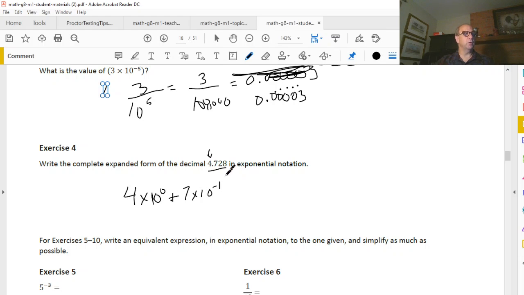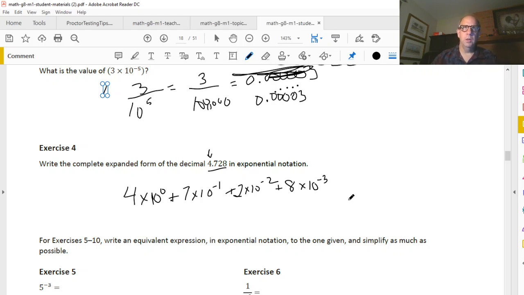So because we're going to the right, we're just subtracting a 10. And then this would be 2 times 10 to the negative 2, and then plus 8 times 10 to the negative 3.